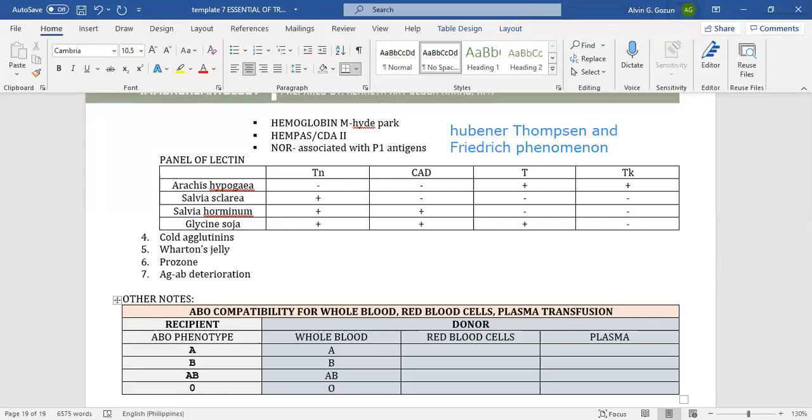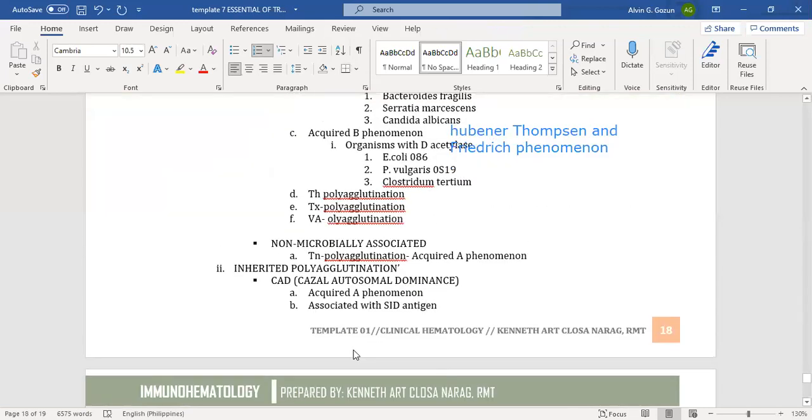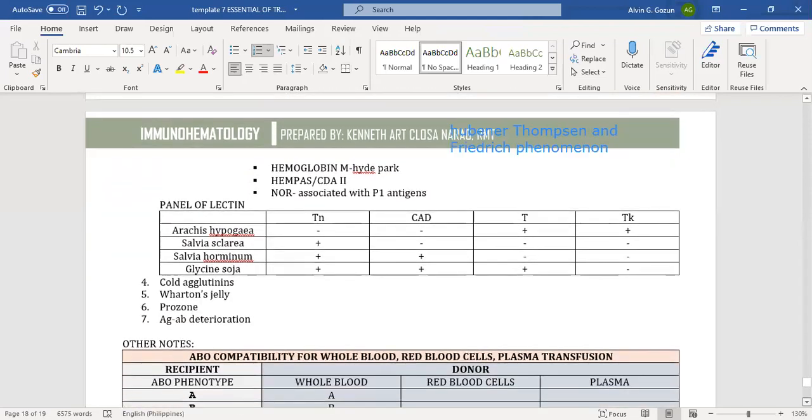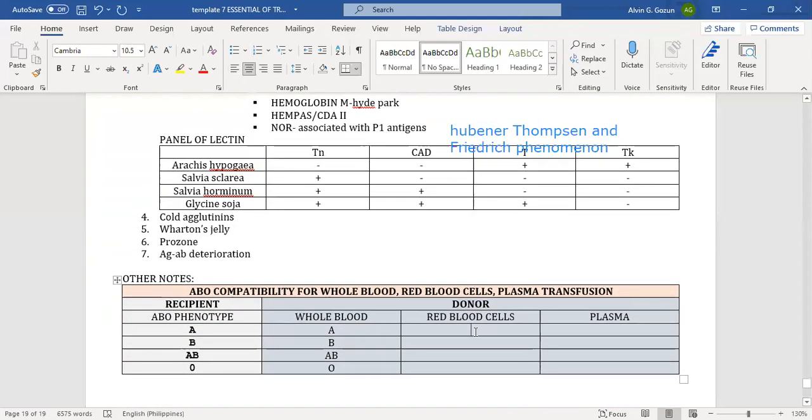O. Okay, next naman natin, para wag tayo malito. Pag si donor natin, red blood cell ang ibibigay, ngayon ang idodonate naman ni donor is RBC. Si recipient, blood type A, anong kailangang ibigay?